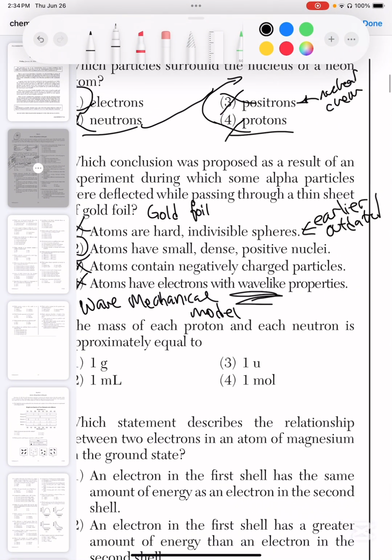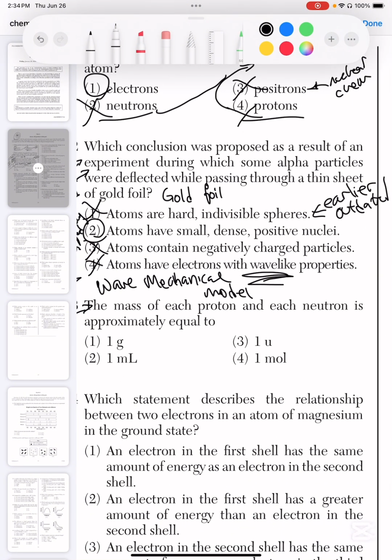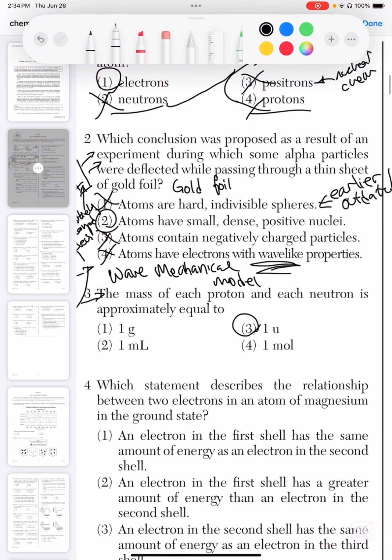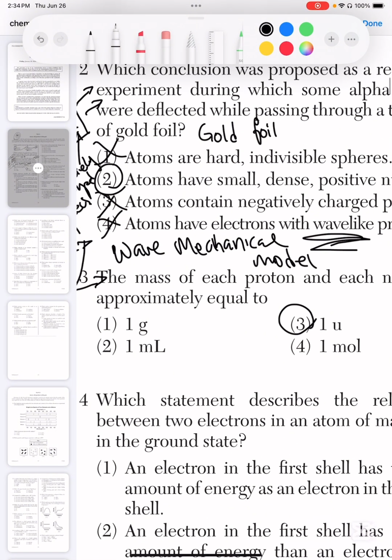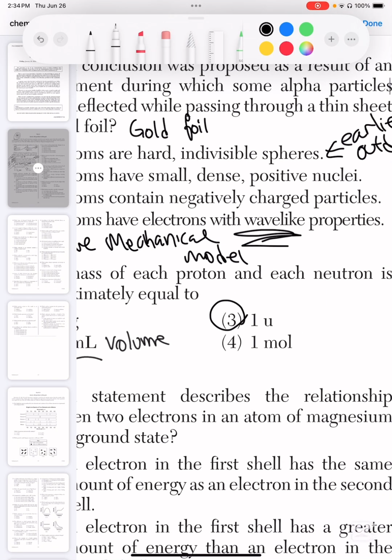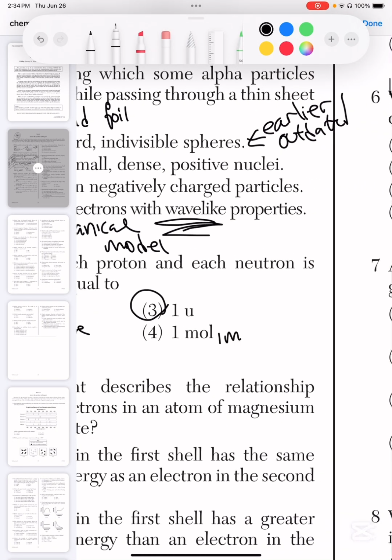So that's that. Mass of proton, neutron, is this one. This measures volume, milliliters, so this doesn't make sense. And then 1 mole, as you should know, is 6.022 times 10 to the 23rd somethings.